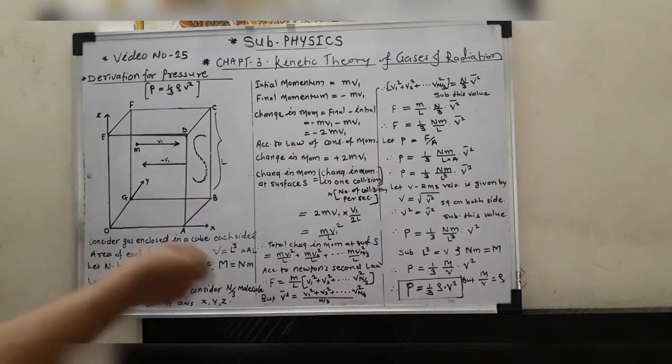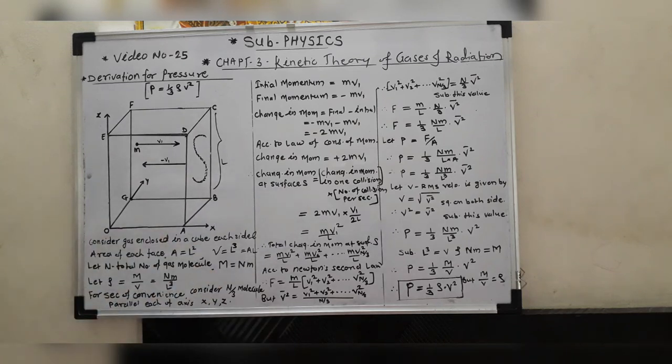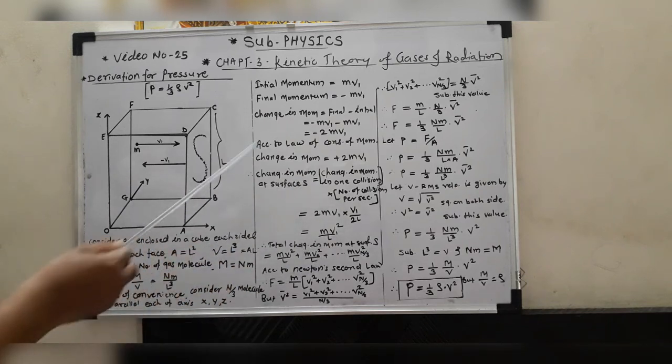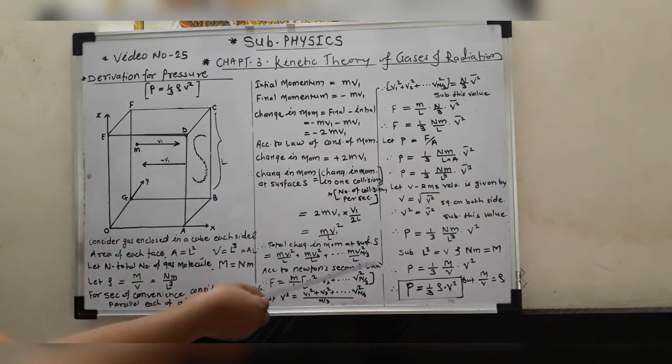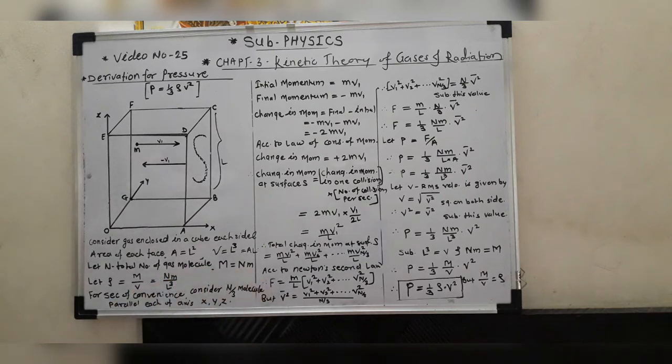We have to find out the total change in momentum at the surface. Therefore mv1 square by L, mv2 square by L, mv3 square by L, and so on up to mvn square upon L. Then according to Newton's second law, this change in momentum is nothing but the applied force, and therefore instead of this change in momentum, we can write F. F is equal to m by L, v1 square, v2 square, up to vn square.